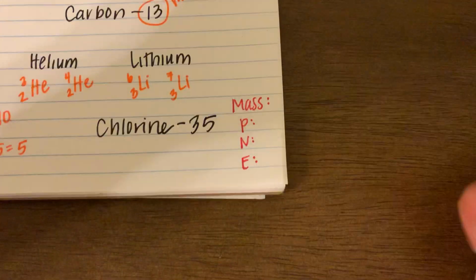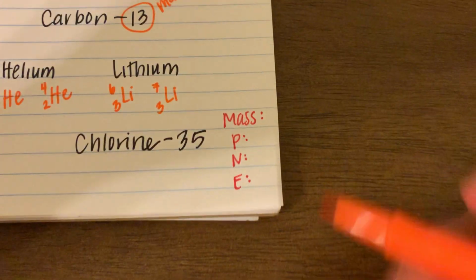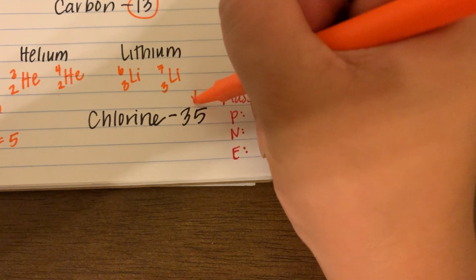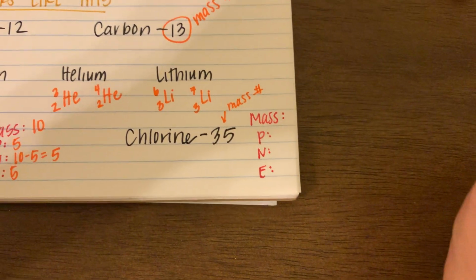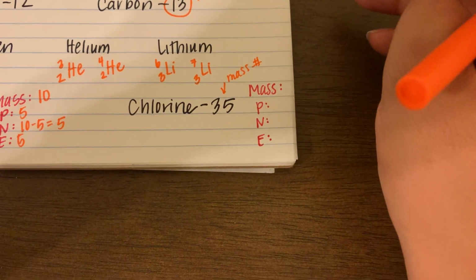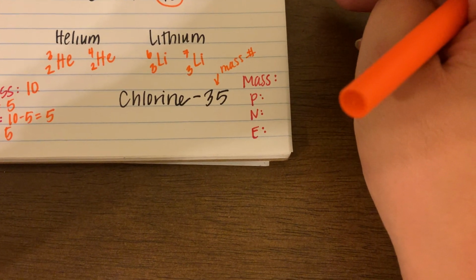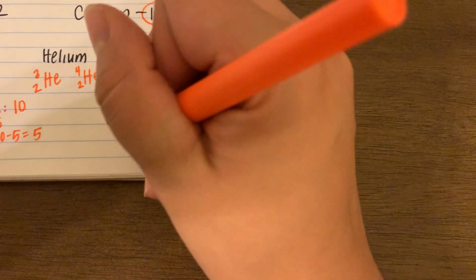Okay. What about if I have it in this kind of way? Again, I'm only given the mass number, right? So I'm going to look up the atomic number of chlorine, and I realize that its atomic number is 17.